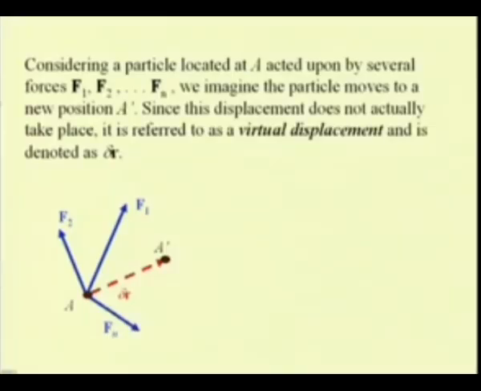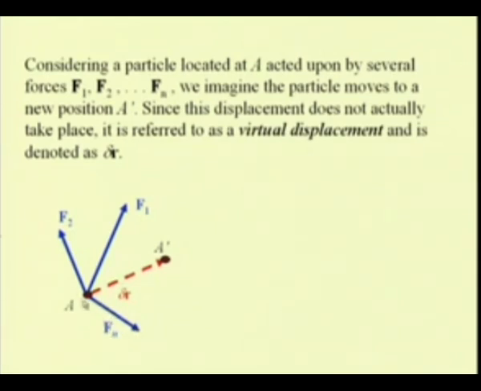So, we define first the concept of virtual displacement. Let us consider a particle A as shown in this picture, which is subjected to various forces, say F1, F2 and so forth.